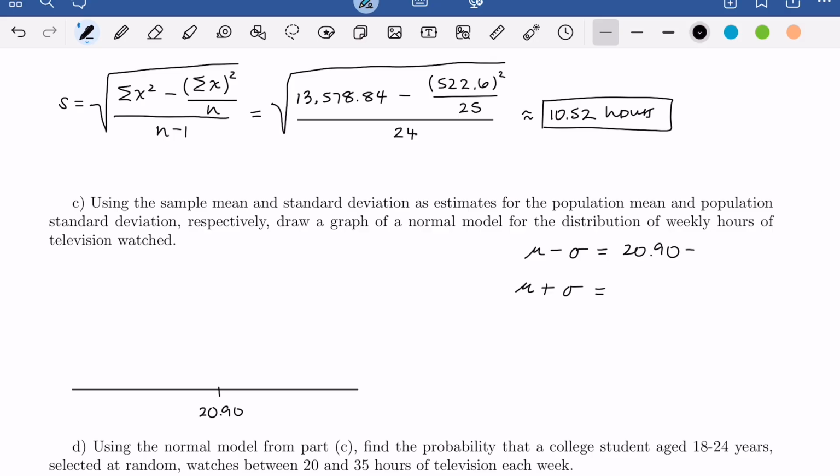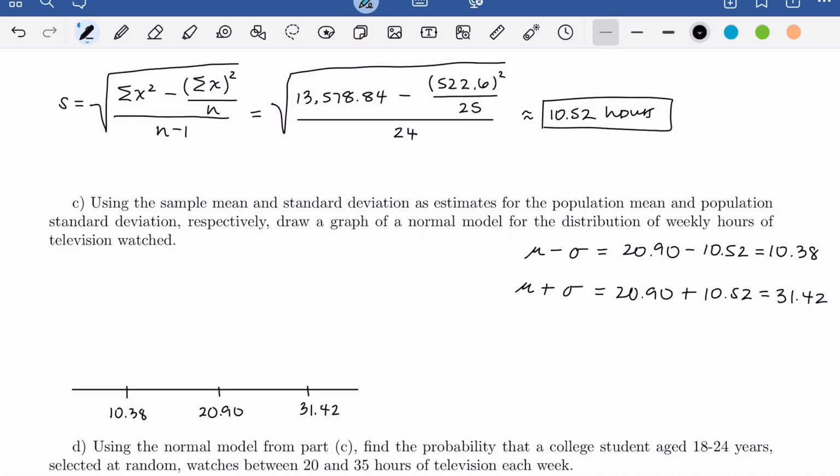So this is going to be our first point to the left of our mean. So one standard deviation away from our mean gives us 10.38. And then one standard deviation to the right of our mean is going to give us 31.42.